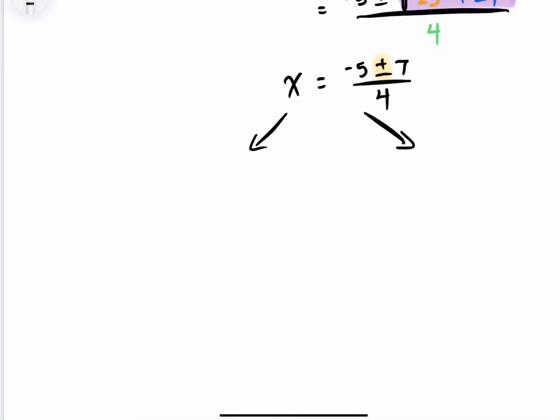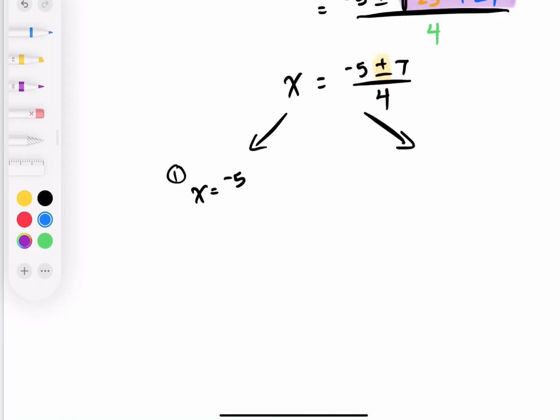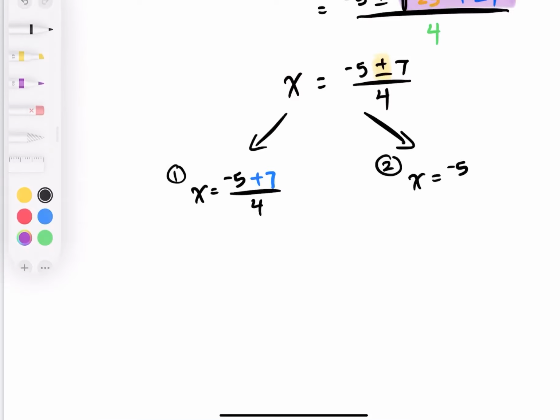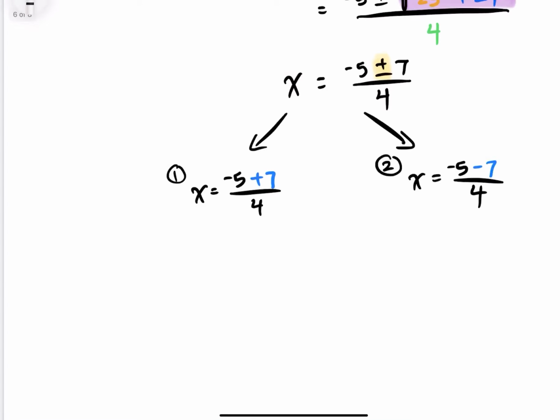The first problem is x is equal to negative 5, and this time I'm going to use the plus sign first, plus 7 over 4. In the other one, I do pretty much the same thing: negative 5, and this time I'm going to use the minus sign, minus 7 over 4. So all we have to do is some simple math.